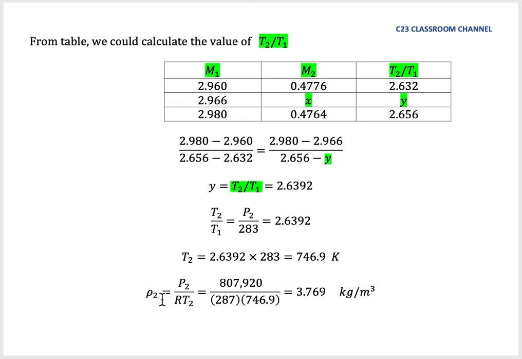And again, to calculate the density after the shock wave, we use this equation, P over RT. We substitute all the values here, and we get the same value as we calculated previously, which is 3.769 kilogram per meter cube.